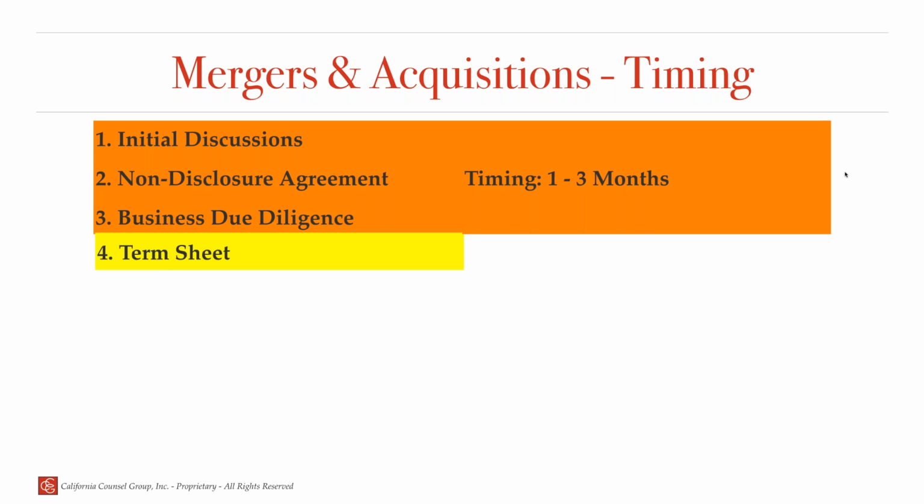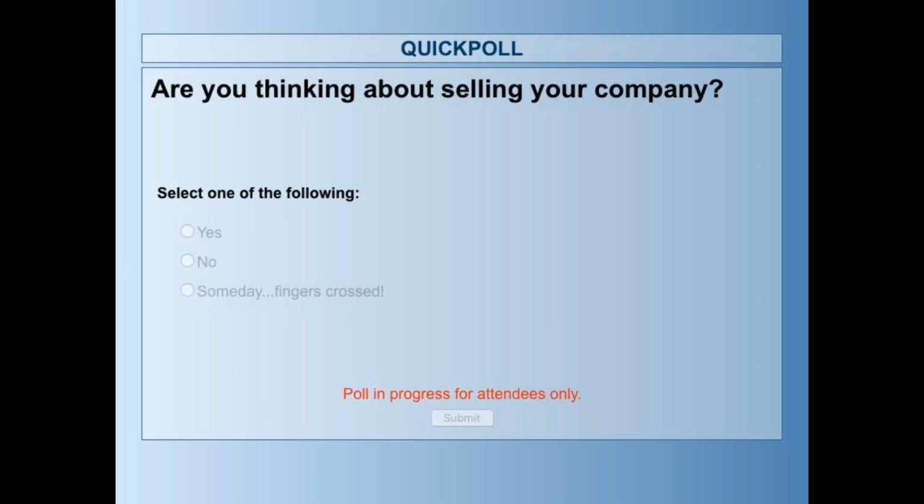And negotiating a term sheet, again, I expect a term sheet to go back and forth a number of times. It will be the backbone and the roadmap to a transaction, and that can take 1 to 2 months.